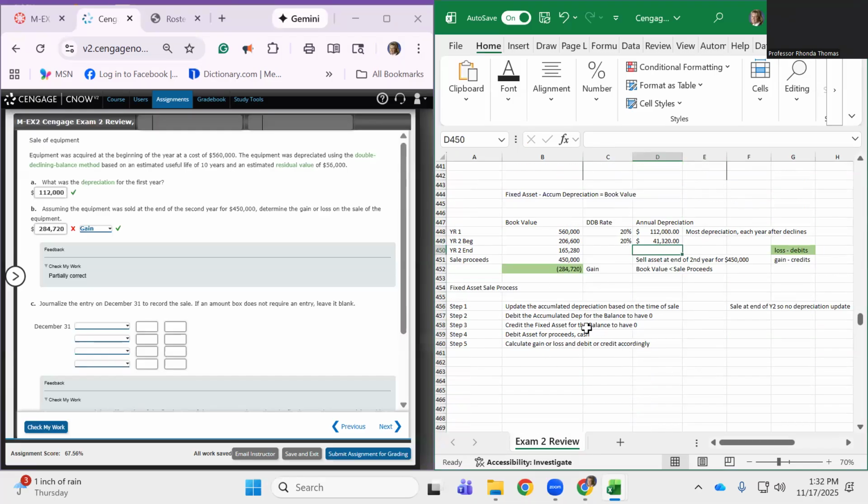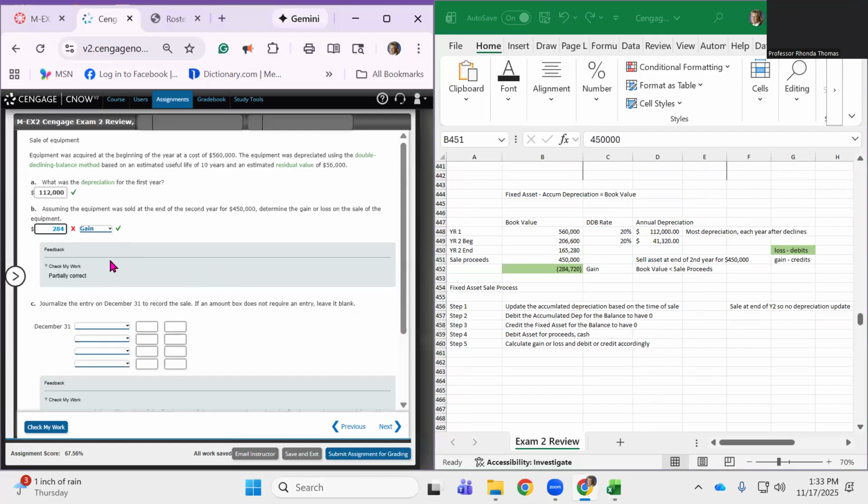And these are the steps. So, sale at the end of year 2. Let me double check. Okay, so then, did I put it in?